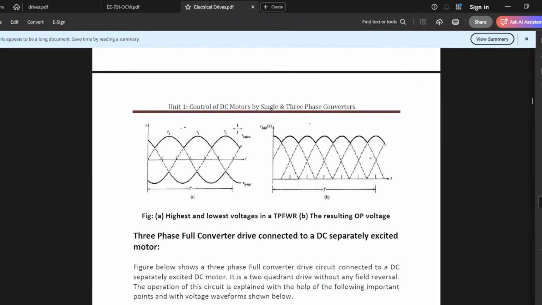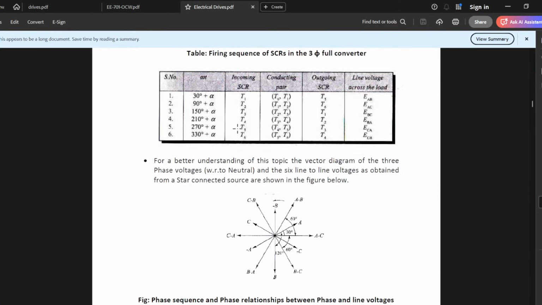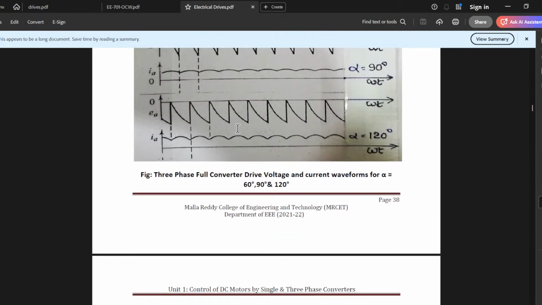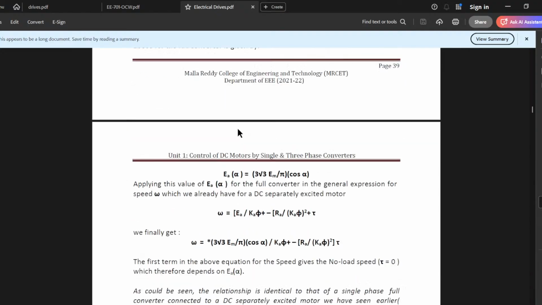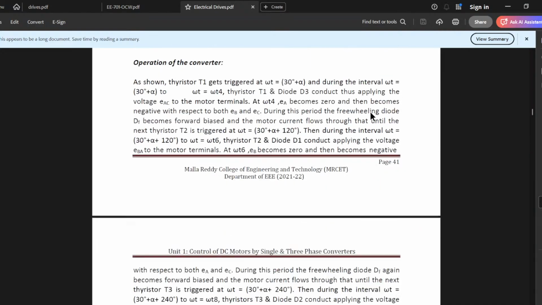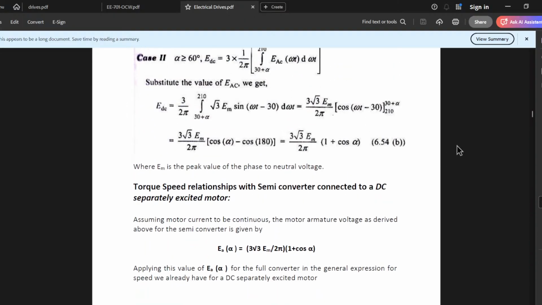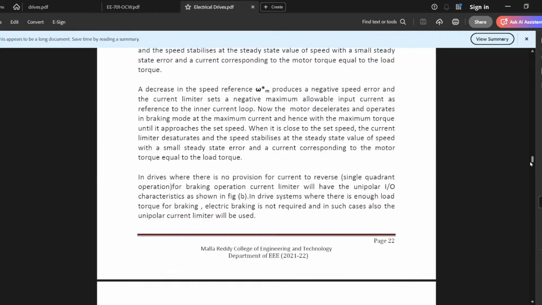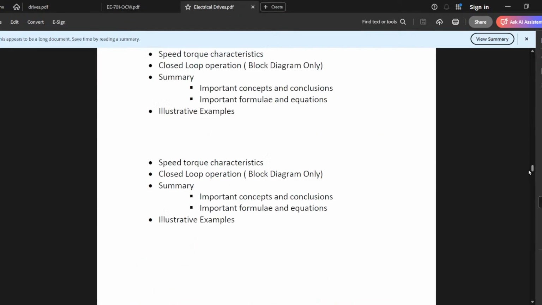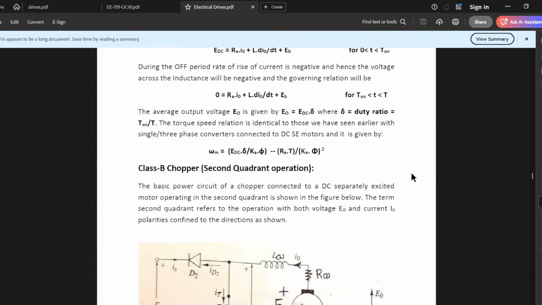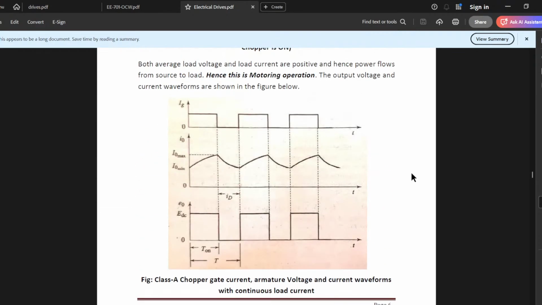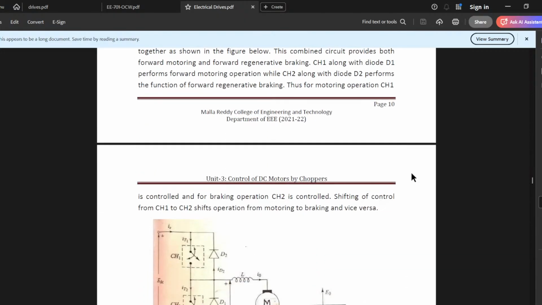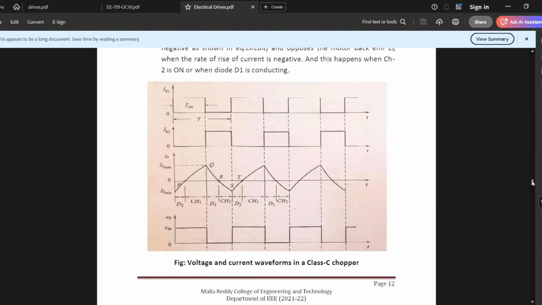Yes. Quadrant operation of chopper. Okay.